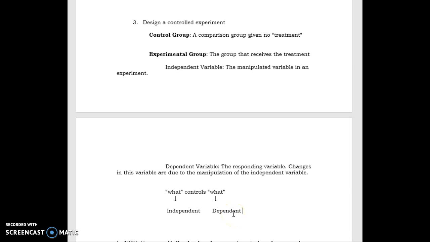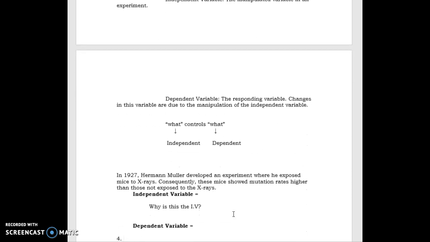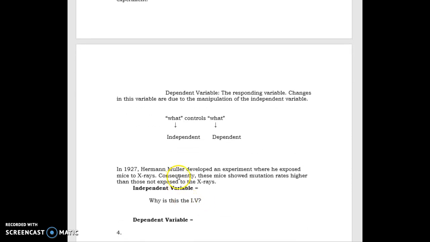So if we look then at another example, let's decide what the independent variable is and what the dependent variable is. In 1927, Hermann Mueller developed an experiment where he exposed mice to X-rays. Consequently, these mice showed mutation rates higher than those not exposed to X-rays. So let's simplify this into saying what he did is he has two things. He exposed X-rays, so that's kind of one of our first variables, and mutation rates.